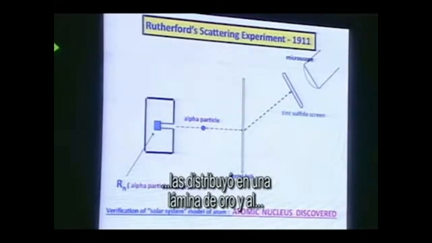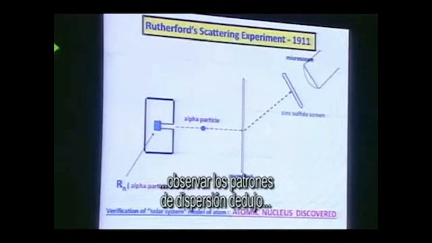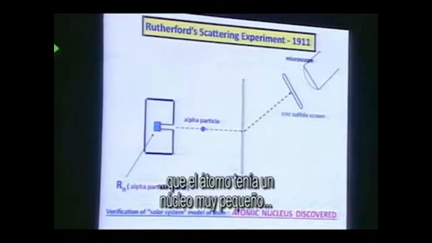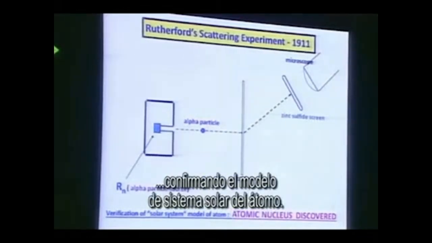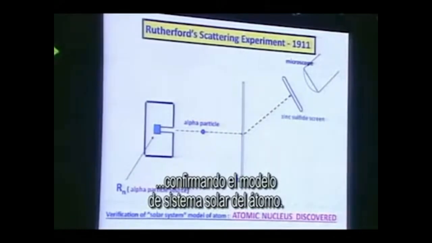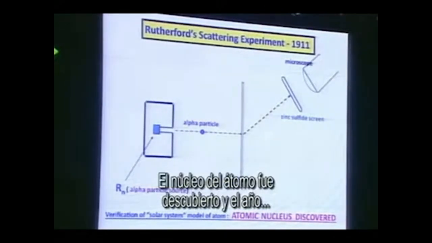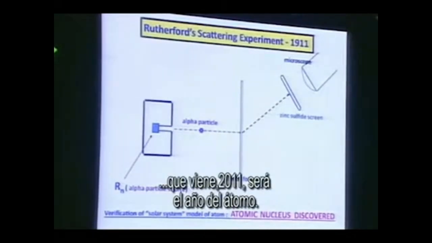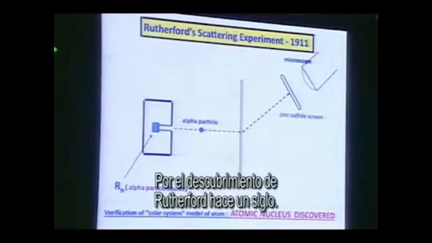He scattered them on gold foil, and by observing the scattering patterns, he could deduce that the atom had a very, very tiny core, and the so-called solar system model of the atom was confirmed. The nucleus was discovered, and next year, 2011, will be called the year of the atom because Rutherford did this experiment 100 years before.